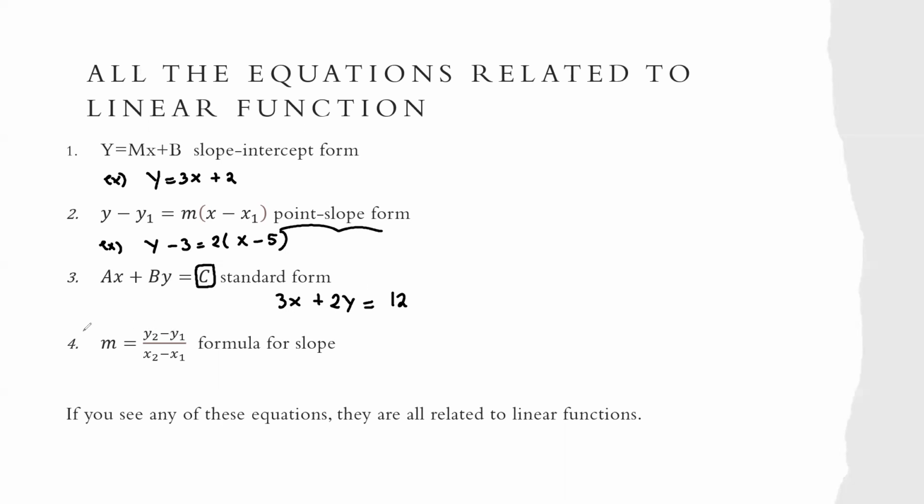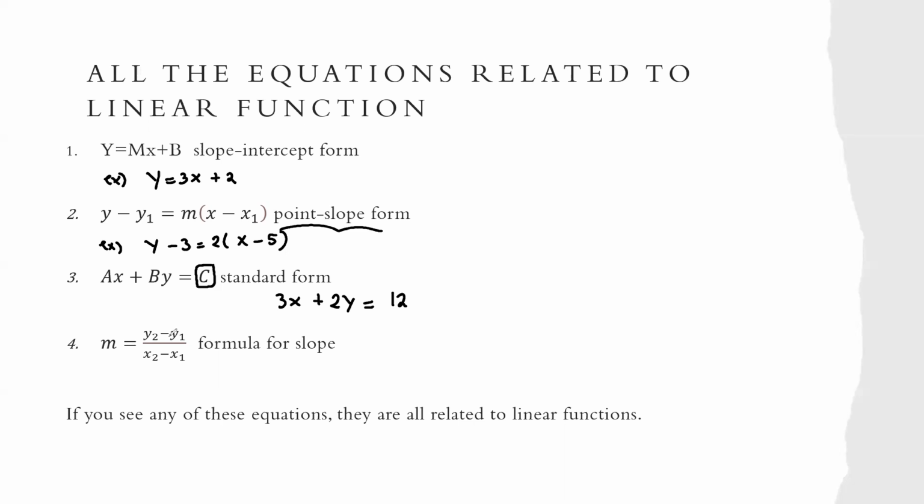The formula for slope is also very important. Sometimes if you need to graph a line, you need to know the slope. So m means slope, and it equals y2 minus y1 over x2 minus x1. The 2 and 1 are subscripts, not y squared.